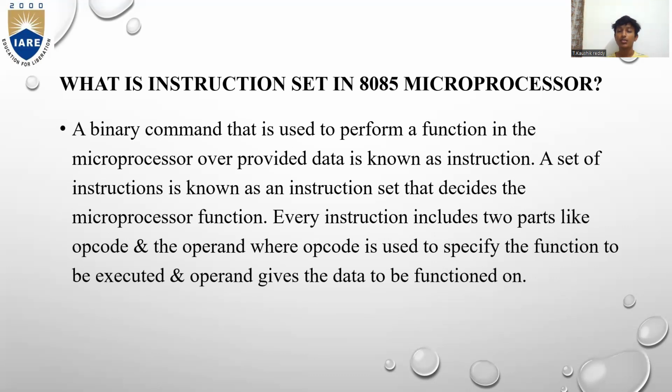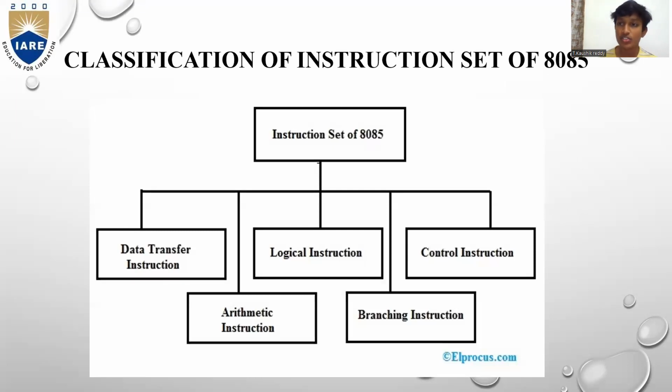Every instruction includes two parts: opcode and operand, where the opcode specifies the function to be executed, and the operand gives the data that will be operated on. Next, classification of the instruction set of 8085. The instruction set of 8085 is divided into data transfer instruction, logical instruction, control instruction, arithmetic instruction, and branching instruction.